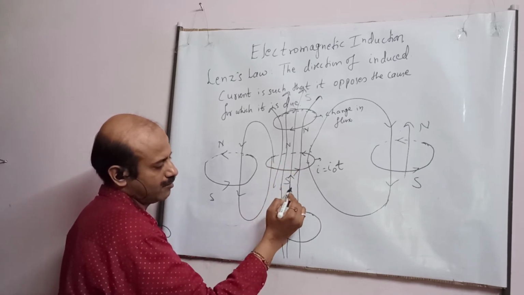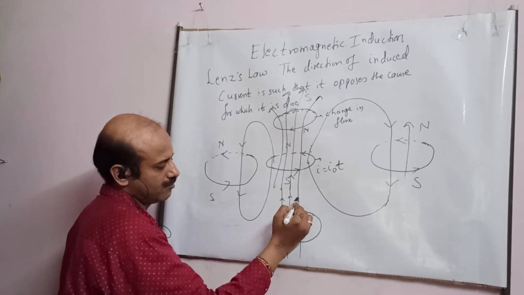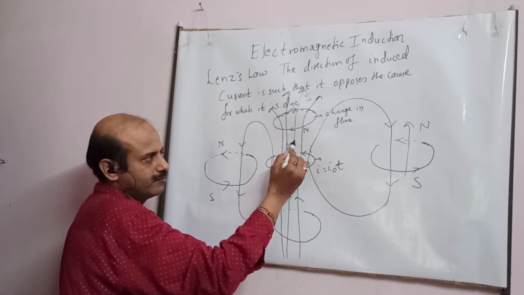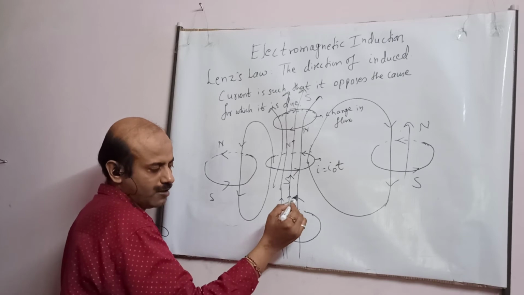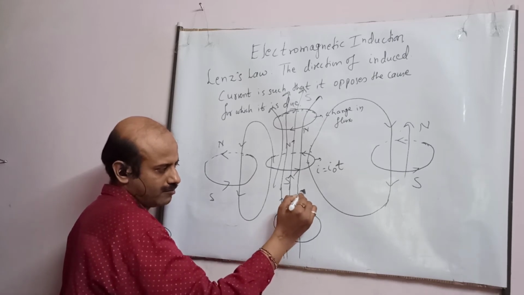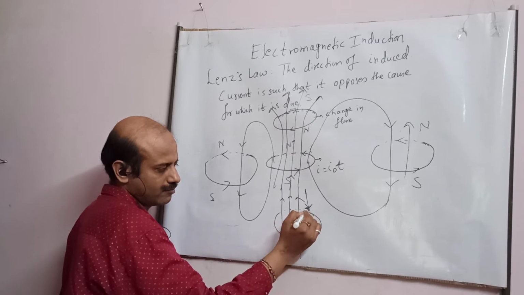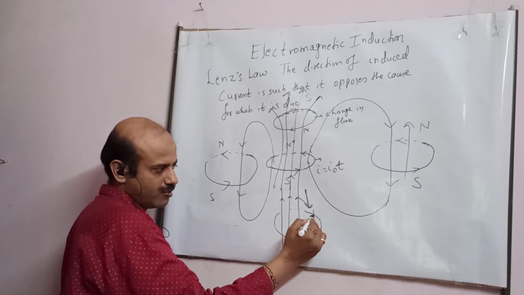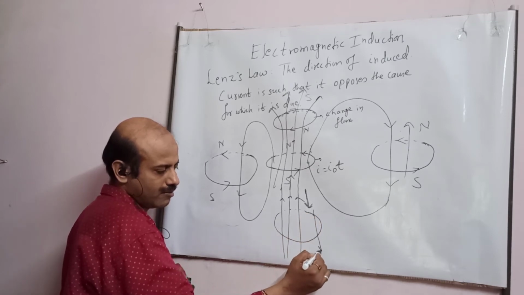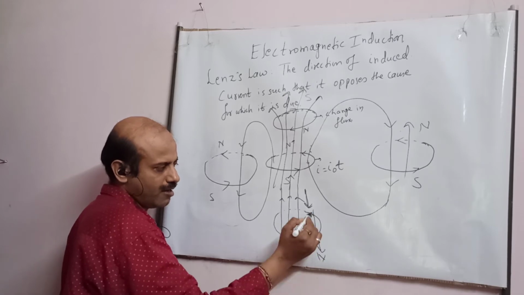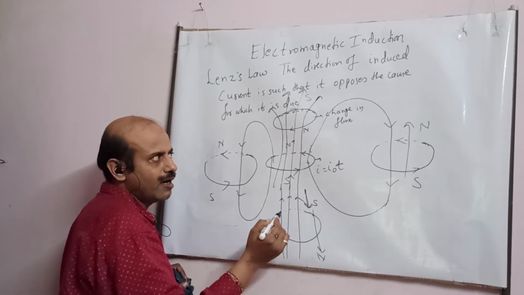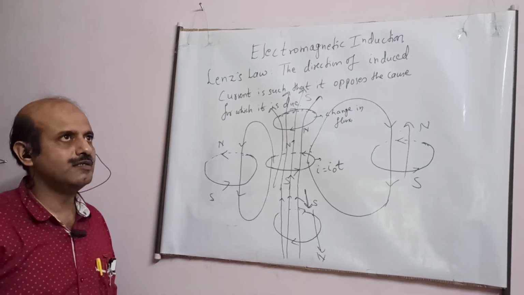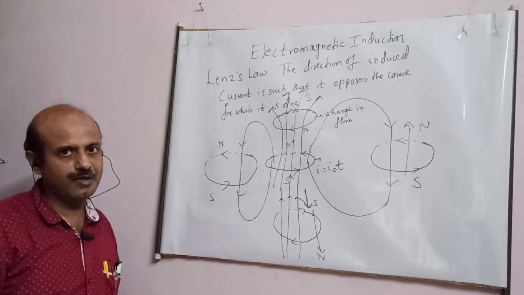So it is entering. There is a field, student. Now to oppose, the field must enter this way. Meaning the direction of induced current should be such that this should be the field, student. Here this should be north pole, here there should be south pole. And for this, the current must be this way, student. Like this, student, you can check every aspect of it.